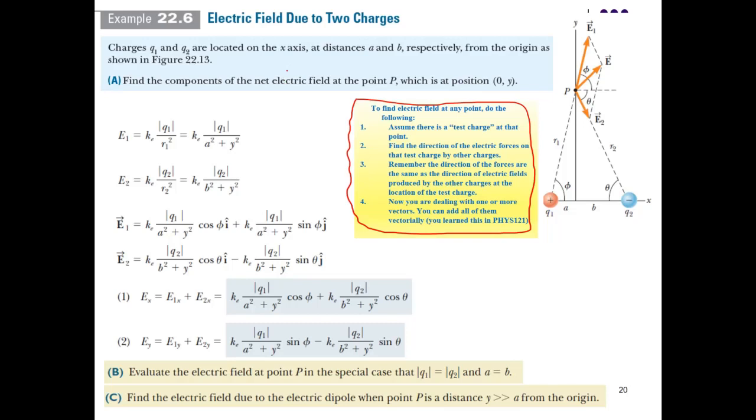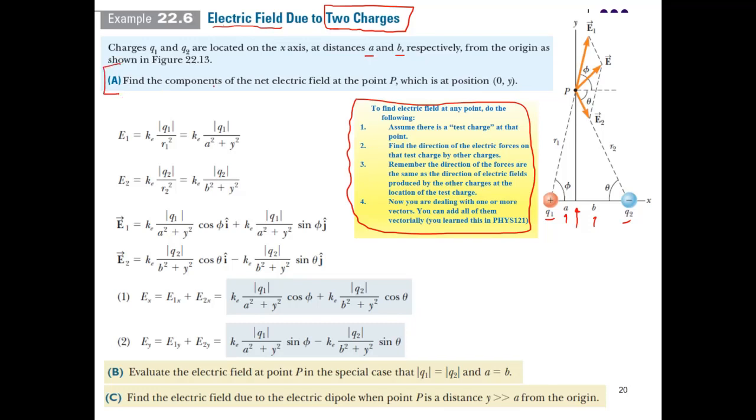So here we have electric field due to 2 charges, Q1 and Q2. Let's read it. Charges Q1 and Q2 are located on the x-axis at distances A and B, respectively, from the origin, as shown in this figure. So this is A, B is mentioned here, and this is the origin.